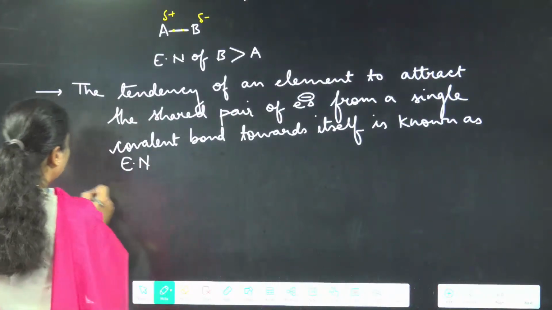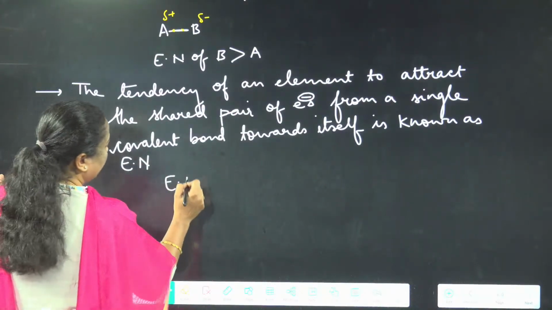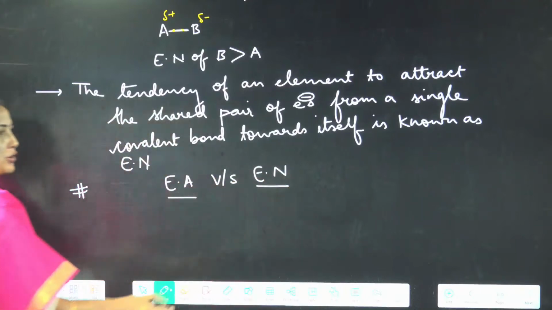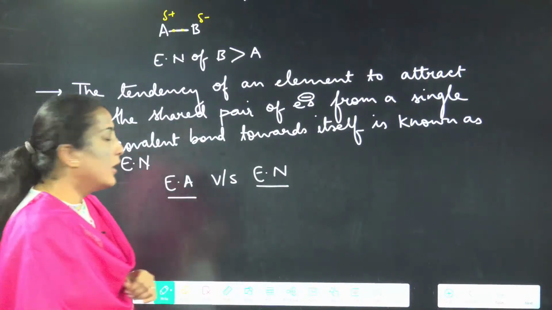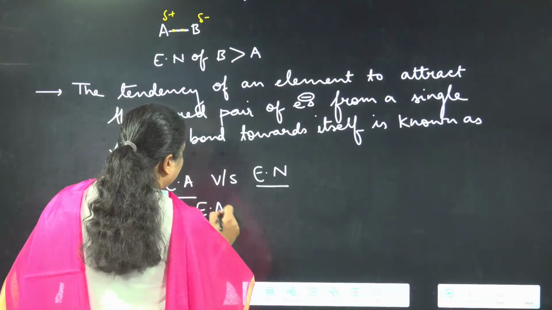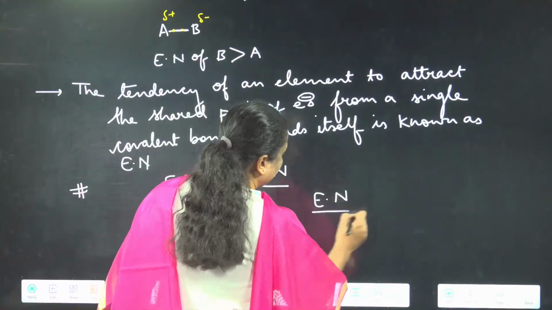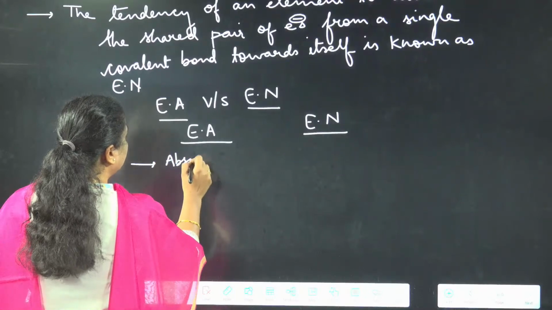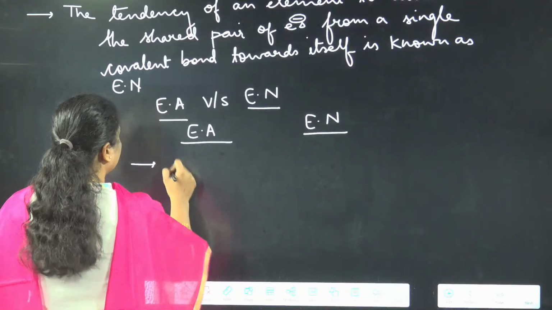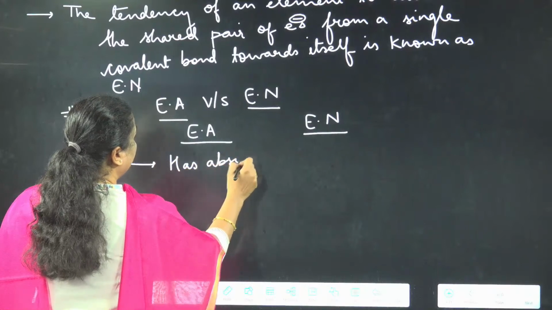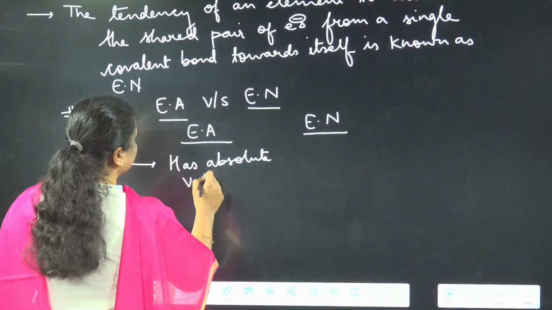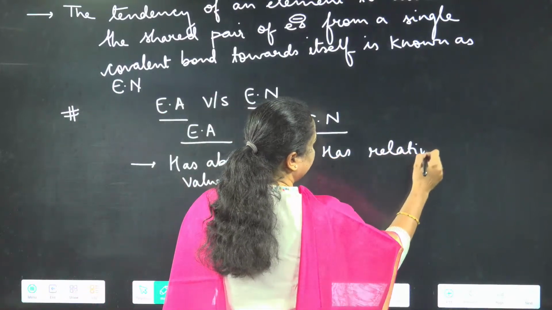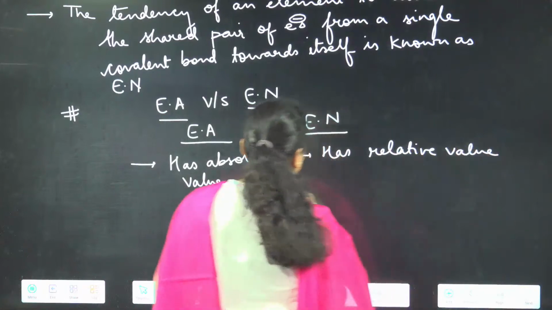Now, before we proceed further, we must know the difference between electron affinity and electronegativity, because just now we have finished electron affinity. Now when we talk about electron affinity and electronegativity, I say that electron affinity has absolute value, while electronegativity has relative value, right?